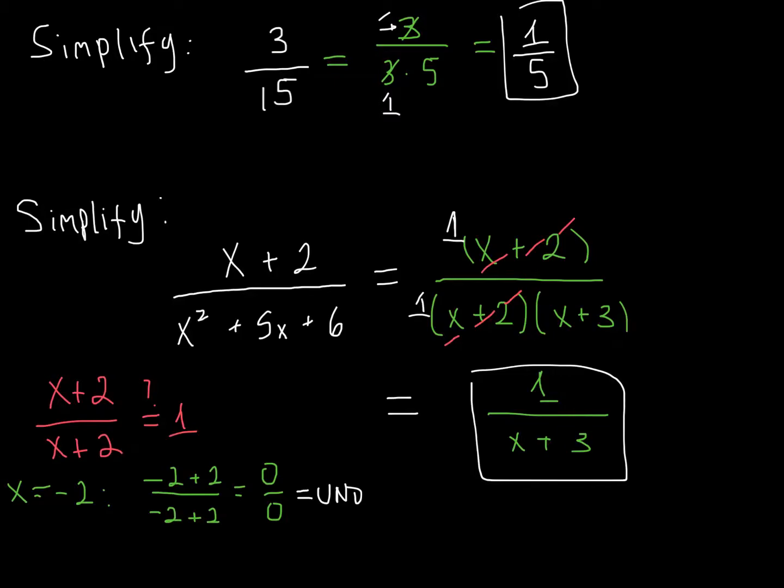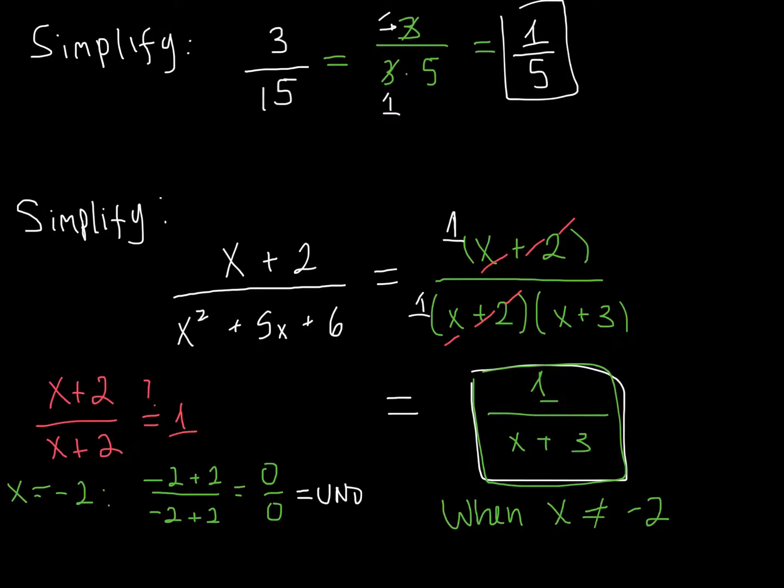The two values that I can't have, so this is the tricky part here. This is the simplification. It simplifies. (x + 2)/(x + 2) is 1 over 1 everywhere except when x is negative 2. So when x is not equal to negative 2, right?